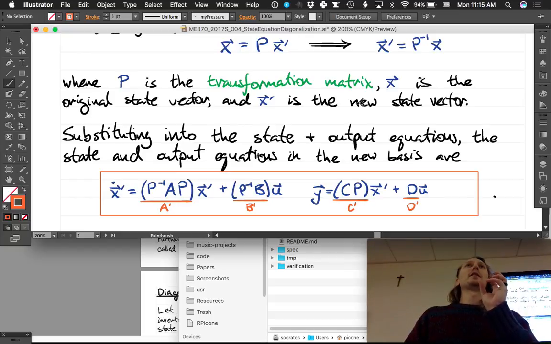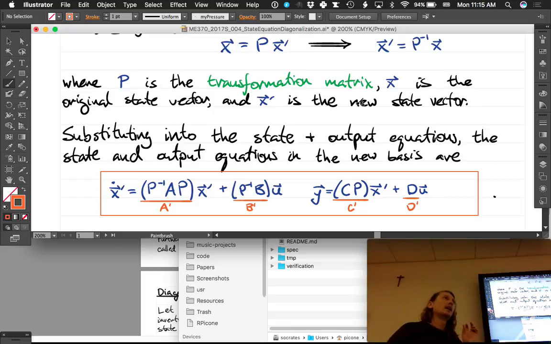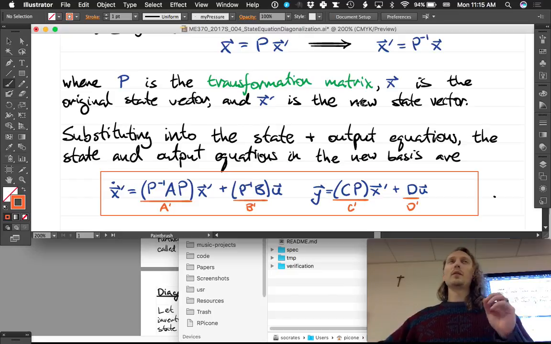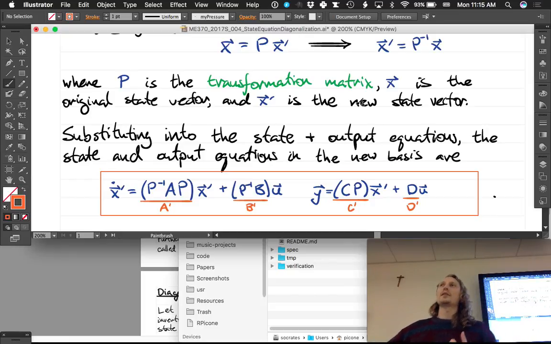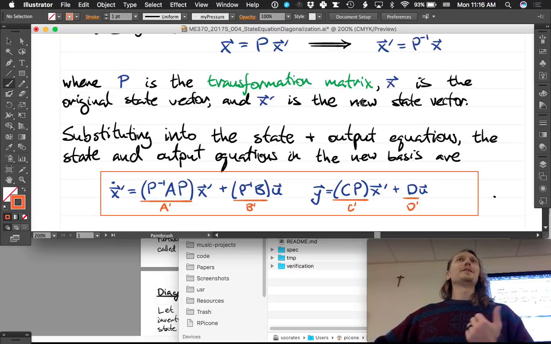So the ones that we choose when we do our linear graph modeling and we choose state variables, those are not unique. They can be swapped for lots of different options. We choose them because they seem to make a lot of sense to describe the system.